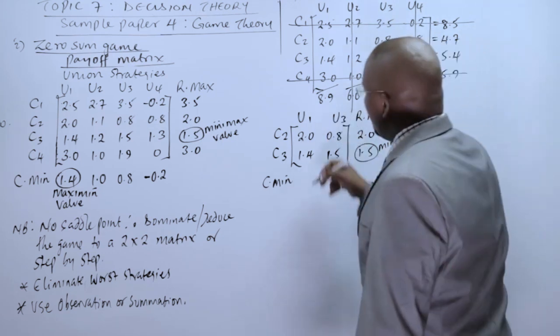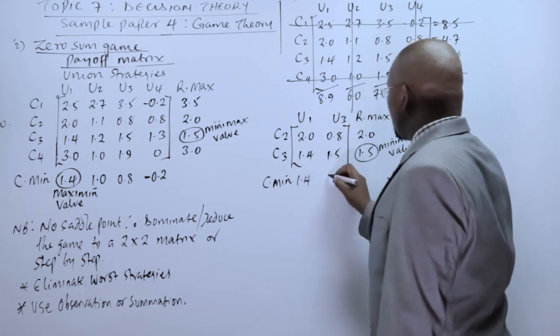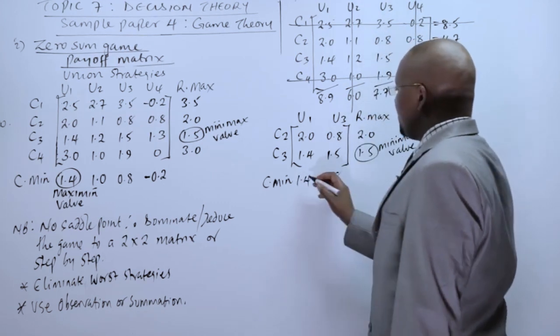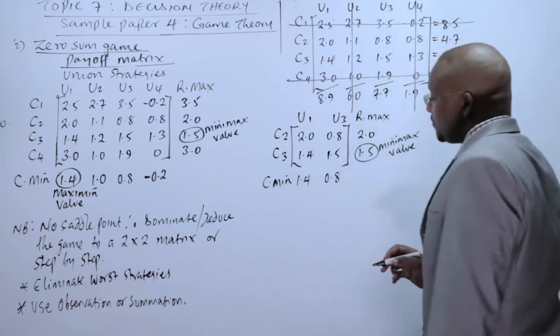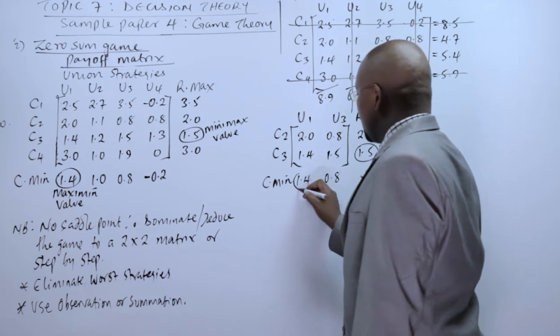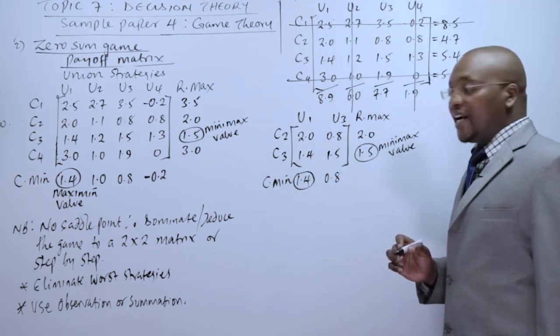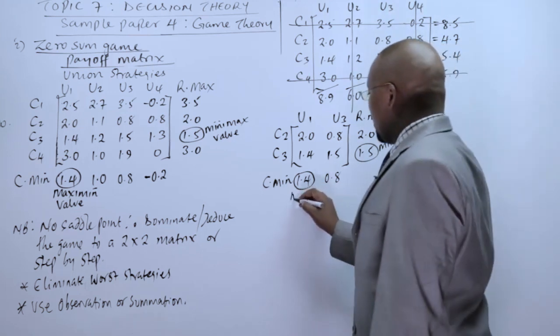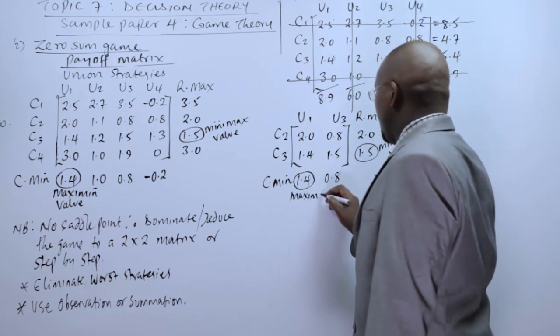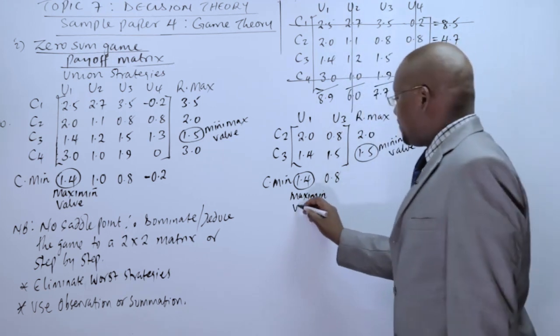Then the union, they are going to lose if they get 1.4 and if they get 0.8. They better, actually, the minimum of 1.4 is better because it is a positive for them, they are going to make a 1.4 salary increment. So this is now what you can call a maximin, the maximum of the minimum, so maximum value.